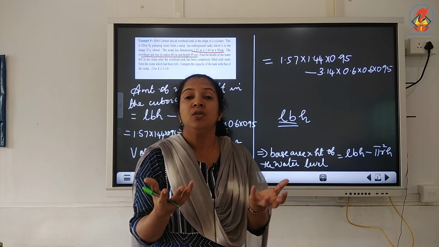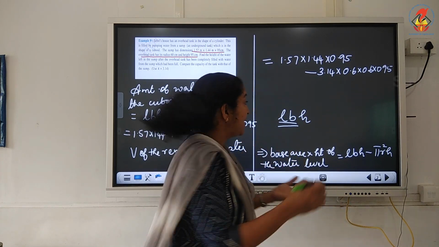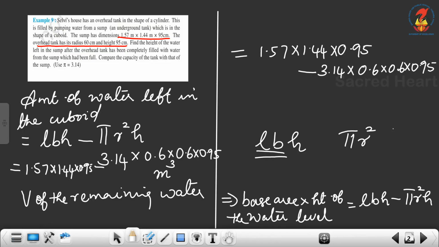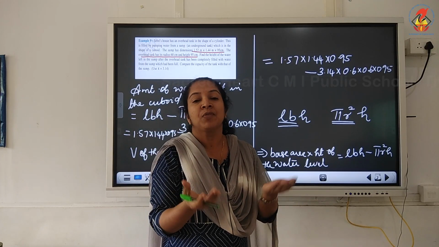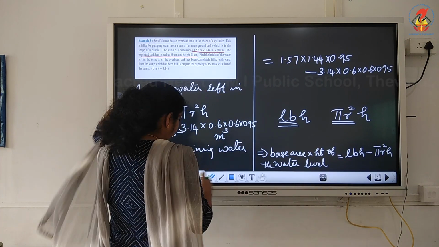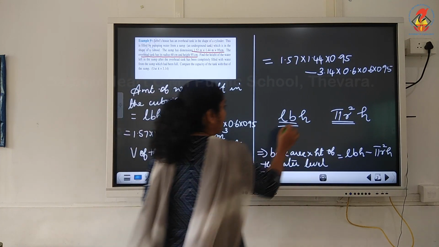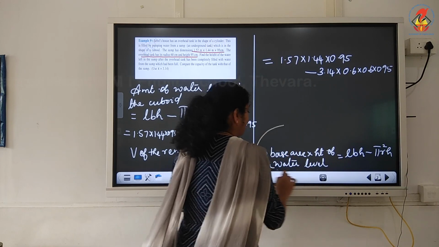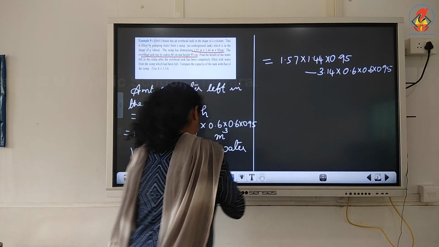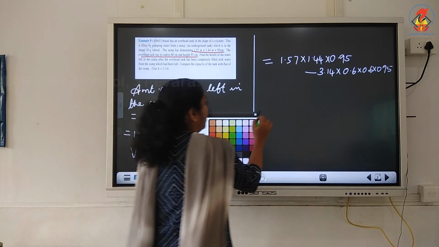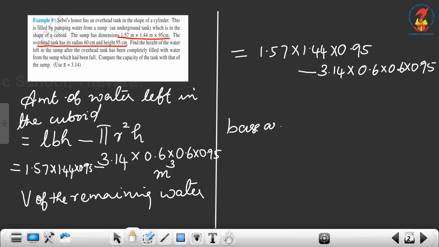So what is the volume of a cylinder? Pi r square H. What is pi r square? It is the base area, isn't it? So we can use base area into height. So base area into height is equal to this.